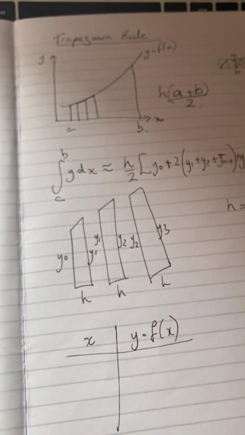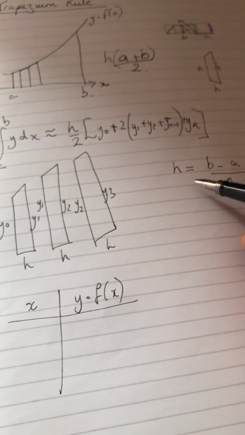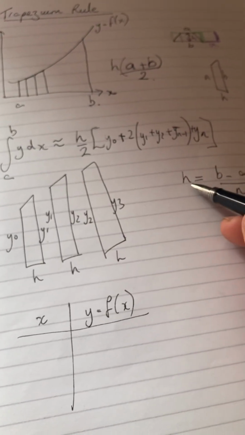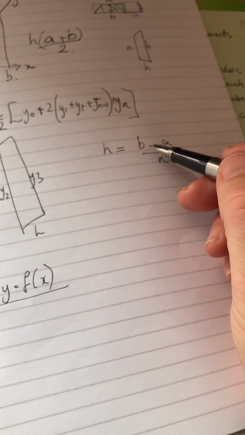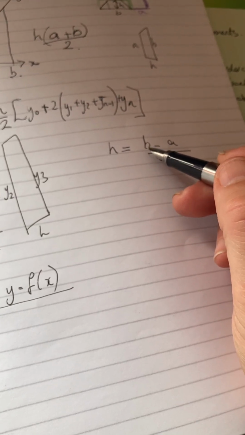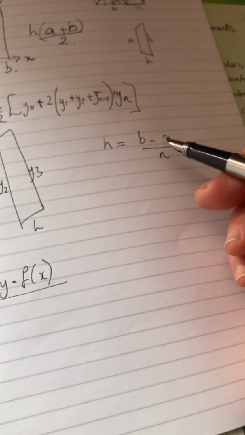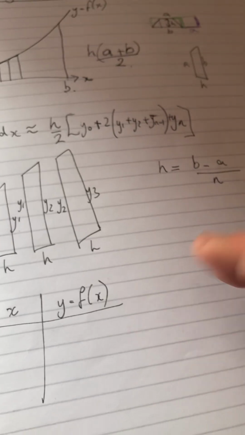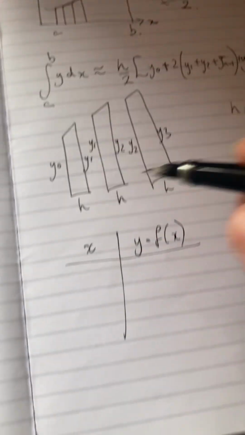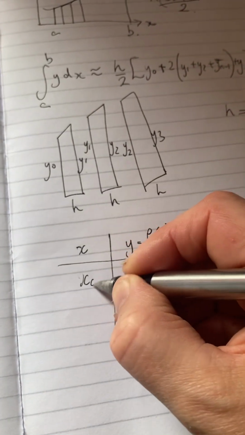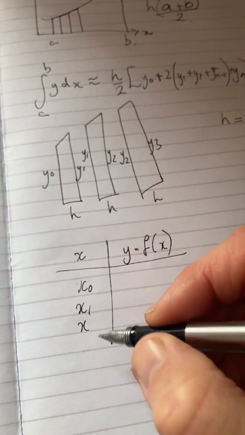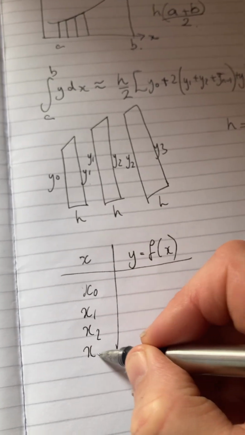First of all, work out what your height is, depending on how many strips there are. That will tell you how many x's you need. So you might need x0, x1, x2, and x3.